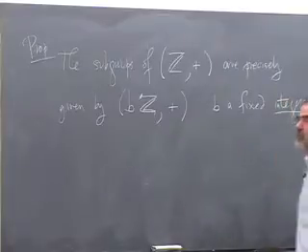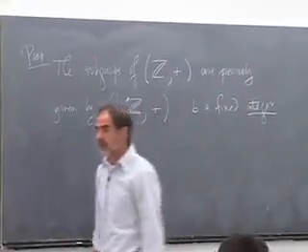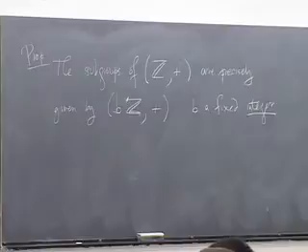So all even integers, or all integers divisible by 3, or all integers divisible by 5. So we're going to check that that forms a subgroup, and then we're going to prove that every subgroup has that form.